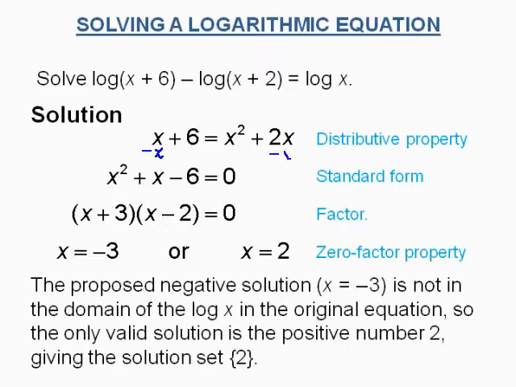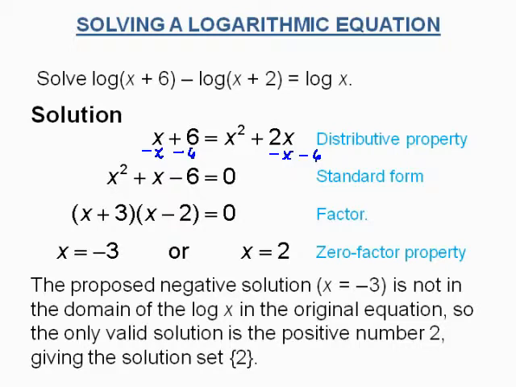So we'll subtract an x from both sides and subtract a 6 from both sides, and we'll get x squared plus x minus 6 equals 0. Factoring gives us x plus 3 times x minus 2 equals 0. So our two answers would be negative 3, or positive 2.